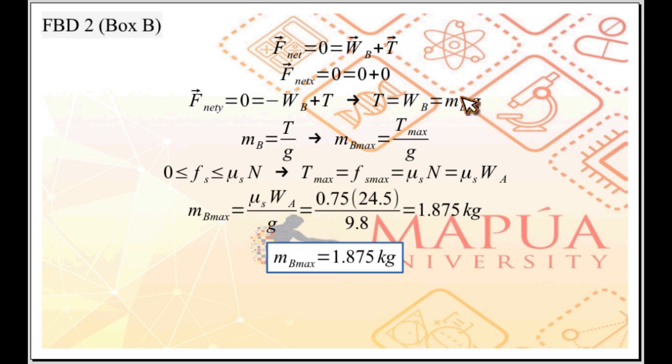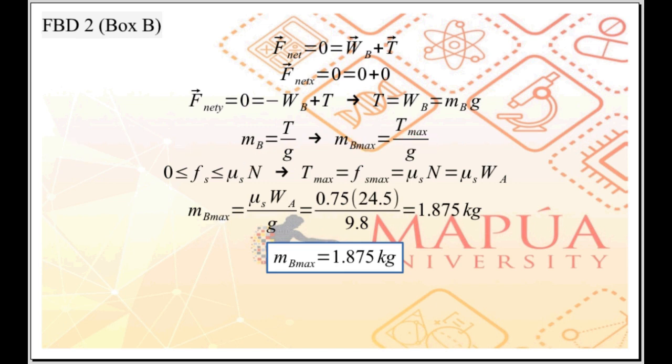We are looking for the maximum value of mB, so we isolate mB and set it to maximum value. G is constant at 9.8 meters per second squared, meaning if we want to get maximum mB, we have to set tension T to maximum value.